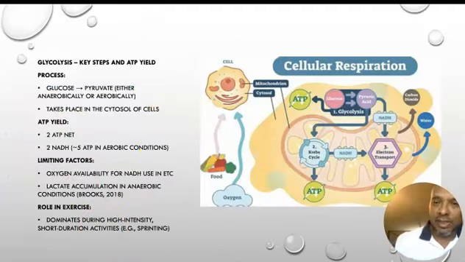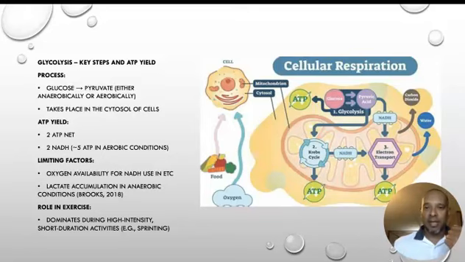Glycolysis is a process where glucose is broken down into pyruvate, and it can happen both with or without oxygen. This takes place in the cytosol of our cells. Glycolysis gives us a net yield of 2 ATP and 2 NADH, which can provide about 5 more ATP in aerobic conditions.